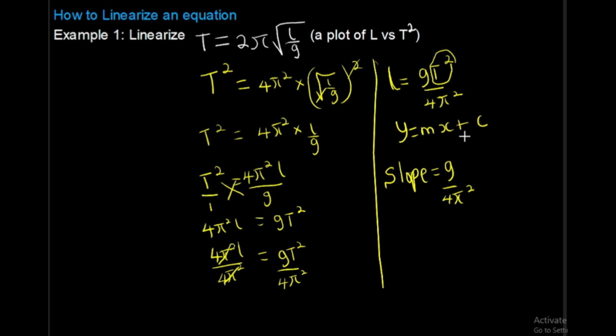And then the intercept is simply that term standing separately from the horizontal component and slope, like c here. Looking at what we have, we don't have any number or letter standing separately here. So our intercept for this case is equal to 0. So this is how to linearize this equation.